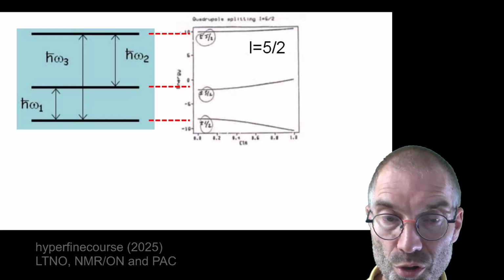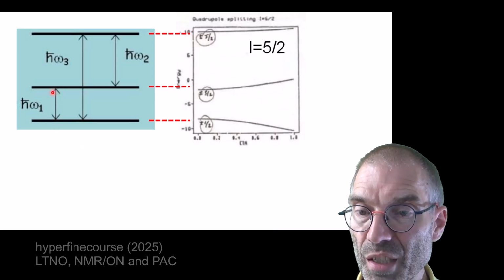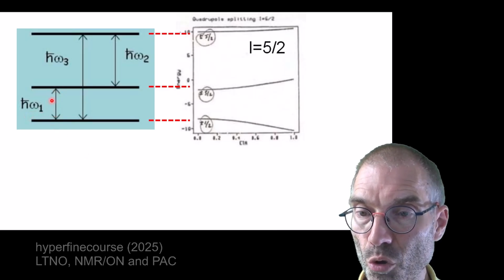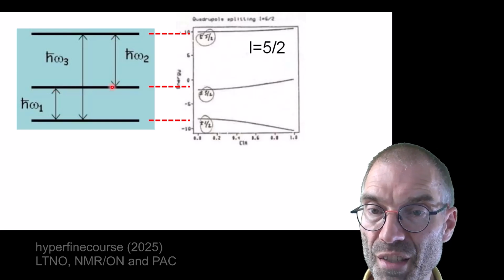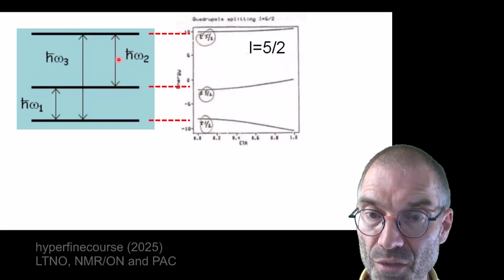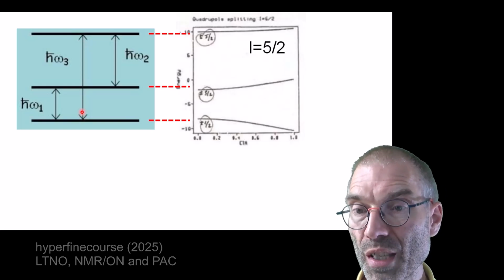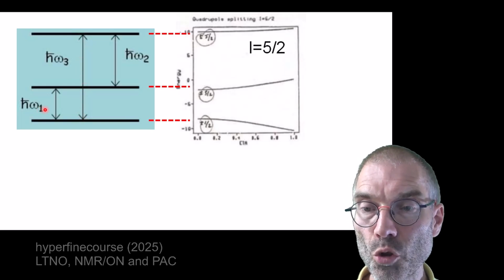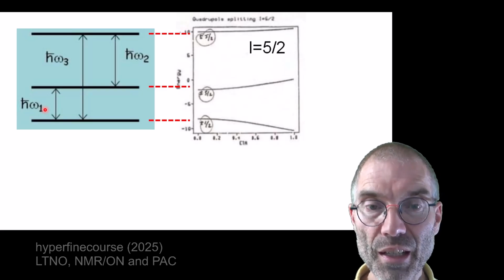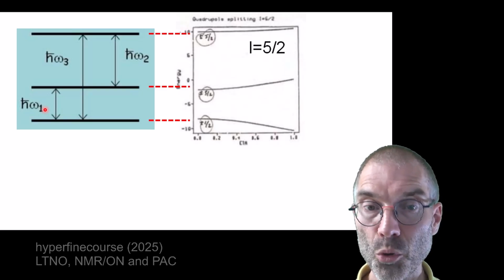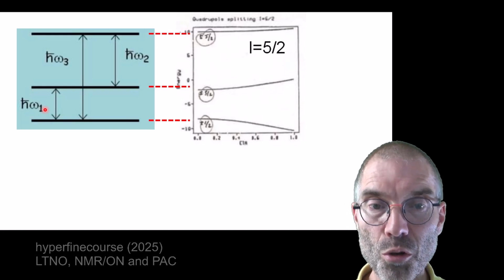We deduced for spin 5 half that this energy difference, related to omega 1, is exactly 1/2 of this energy difference, and the sum of both is the third energy difference, which must then be 3 times larger than omega 1. In other words, the three frequencies that are involved are harmonics. They are integer multiples of each other.